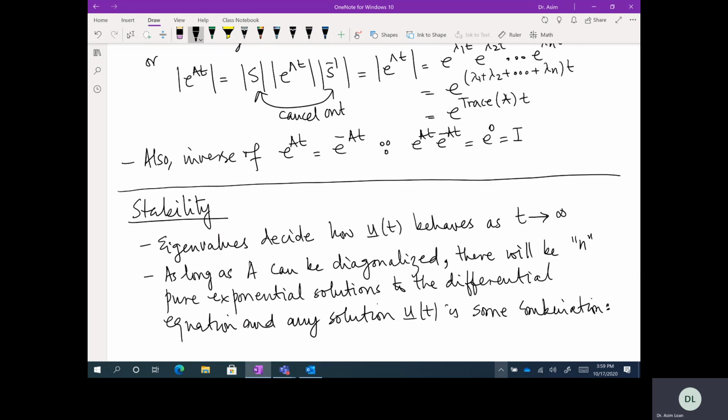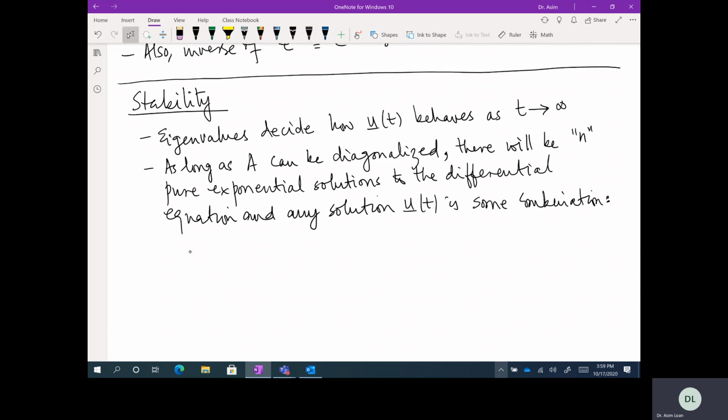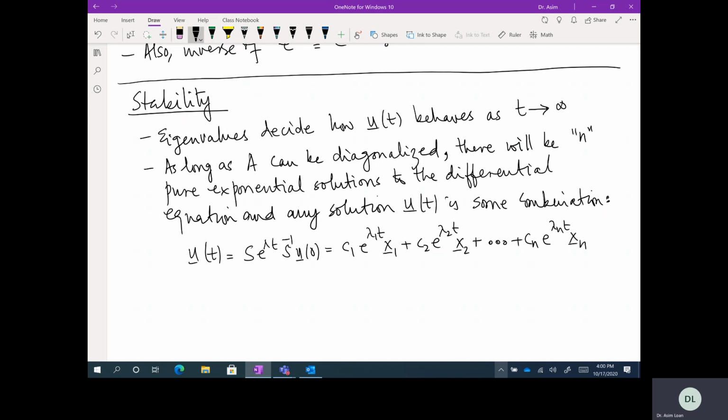And what is that combination? u(t) equals S e^(Λt) S inverse u0, which is equal to c1 e^(λ1 t) x1 plus c2 e^(λ2 t) x2 plus cn e^(λn t) xn.